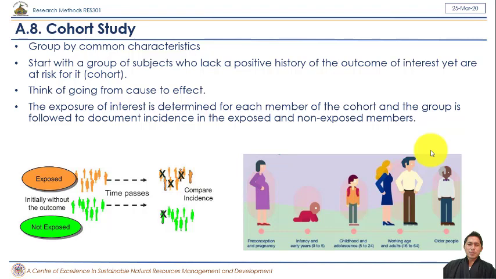A cohort study is basically where you are following the cohort, or the interested group of people who are either affected by a disease or by some other factors, and we are following the group of people to know the cause of that disease, or the cause of whatever we are trying to study.